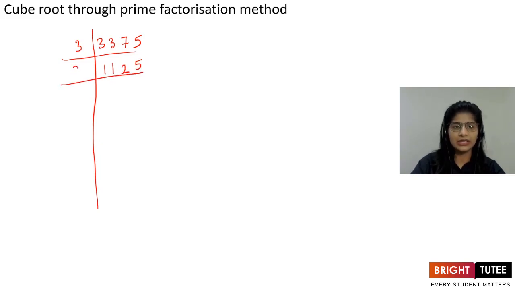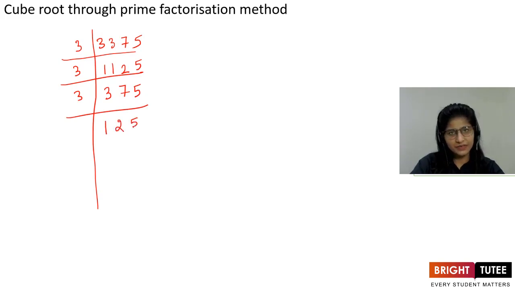Now again with 3: 3 threes are 9, 3 sevens are 21, 3 fives are 15. Now again with 3: 3 ones are 3, 3 twos are 6, 3 fives are 15. Now 5: 5 twos are 10, 5 fives are 25, and with 5 again, 5 fives are 25.